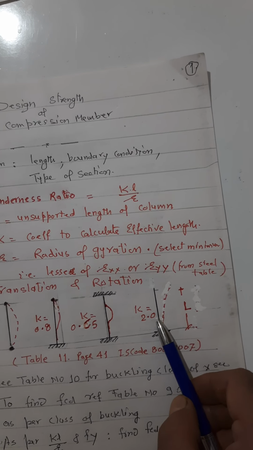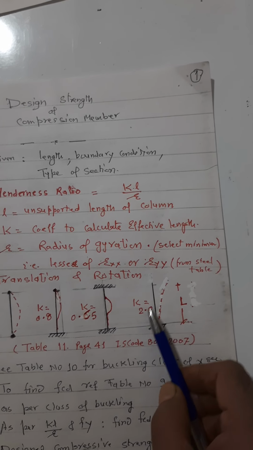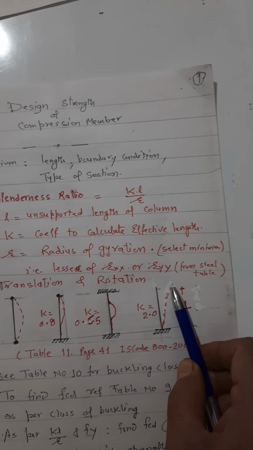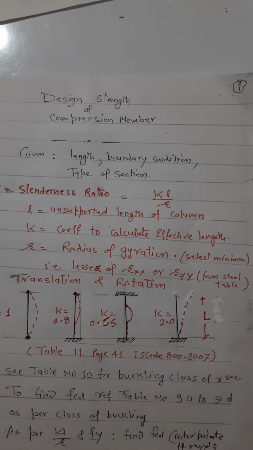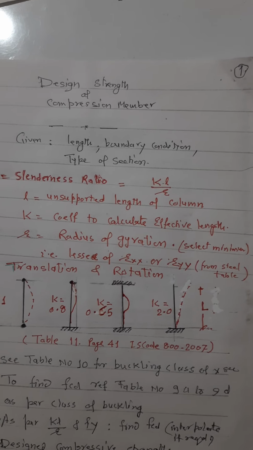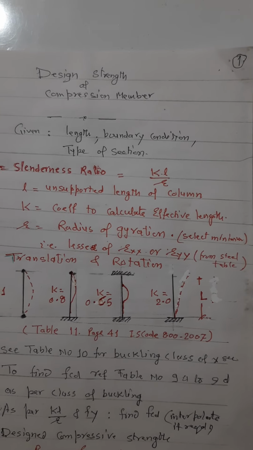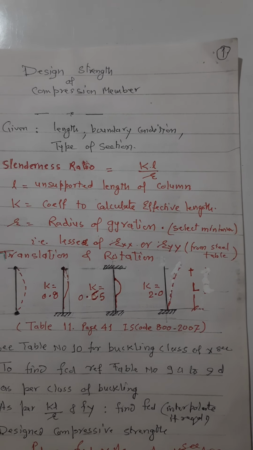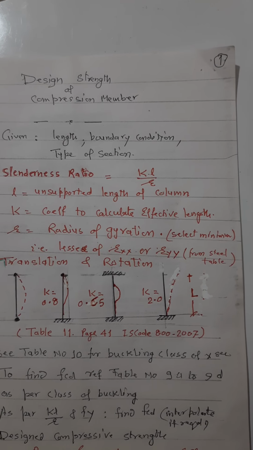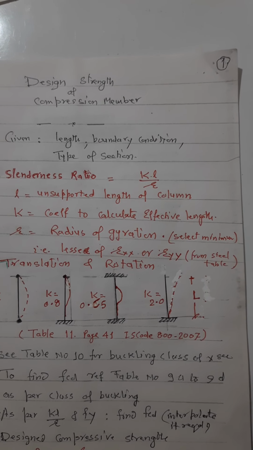When one end is restrained in translation as well as in rotation and the other end is free, the value of k will be taken as 2. You need not cram or remember this. You can just go through the IS code, page number 41, table 11, and straightaway put the value for k and get the effective length of the column.